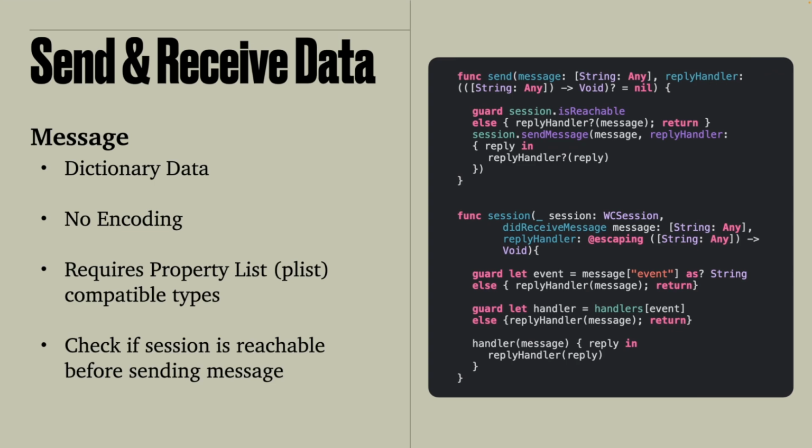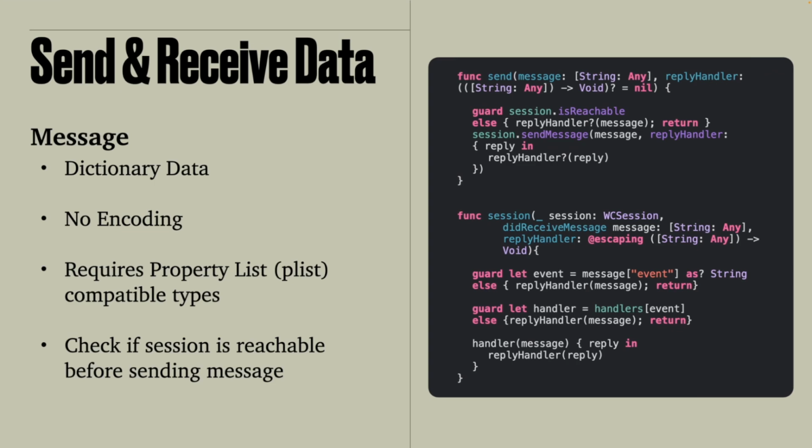That Any doesn't literally mean any. You still have to use plist compatible data types, so numeric, strings, et cetera. But one of the perks is that it doesn't require any kind of encoding in order to pass this data around. You can just send it around as is. So it's pretty snappy, pretty quick, almost instant.